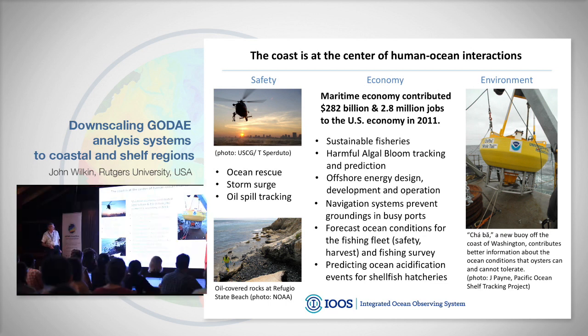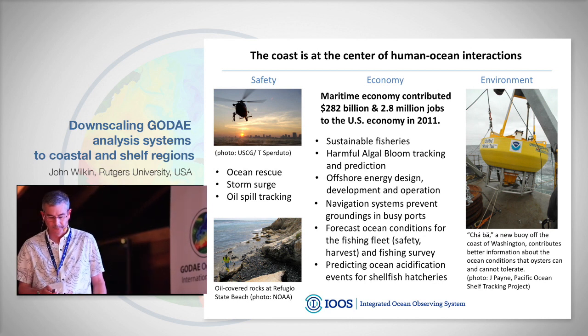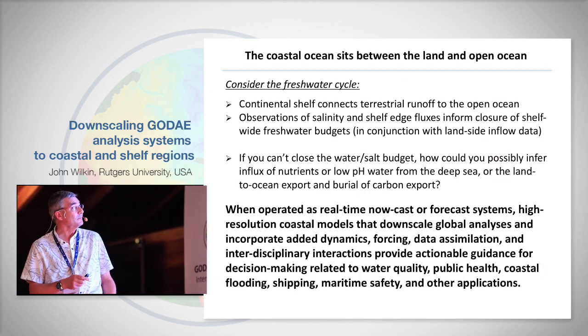And a recent one is a deployment off the coast of Washington, where now we're seeing the effects of low oxygen waters and low pH waters directly impacting the contemporary shellfish industry. And the shellfish industry, through their lobbying of Congress, got NOAA to put in some extra buoys along that coast to monitor those conditions. So these are all reasons that we care about the coastal ocean.